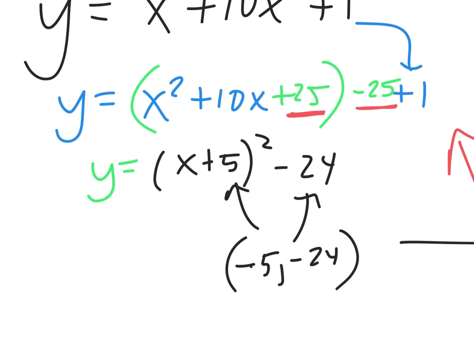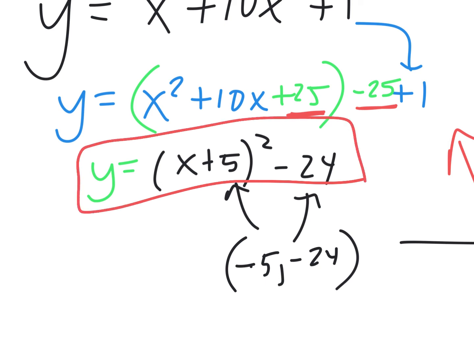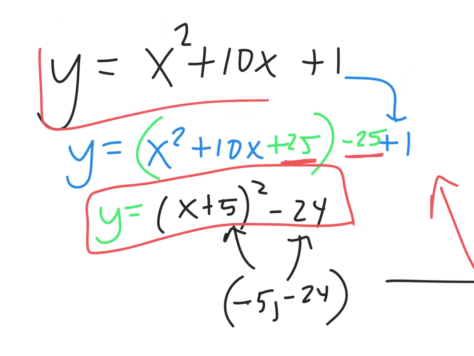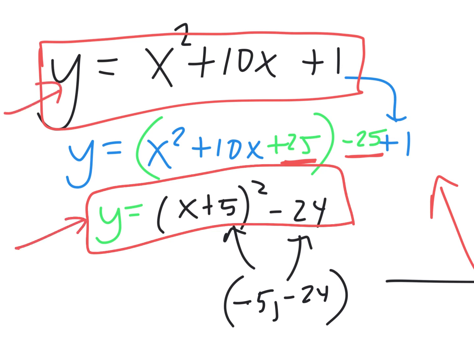Okay. That is the same as this. If I graph them, they give me the same parabola. Because I didn't break any rules on math, I just rearranged it a little bit. But that's the same as this. It's just this is written in a way that tells me the vertex, and this is not written in a way that tells me the vertex.